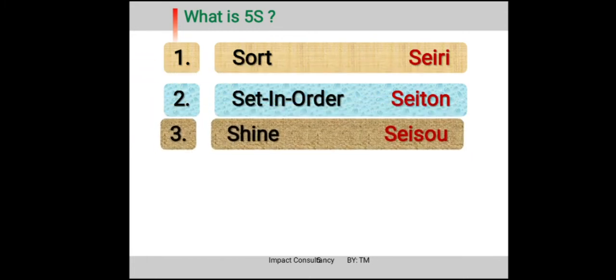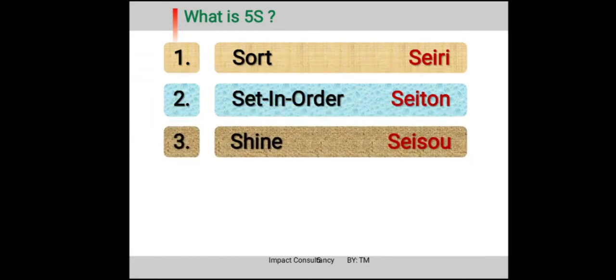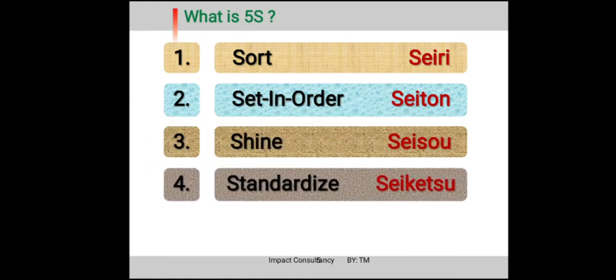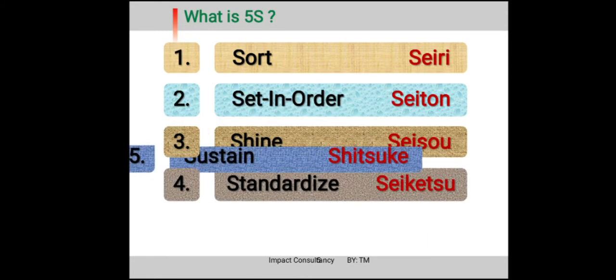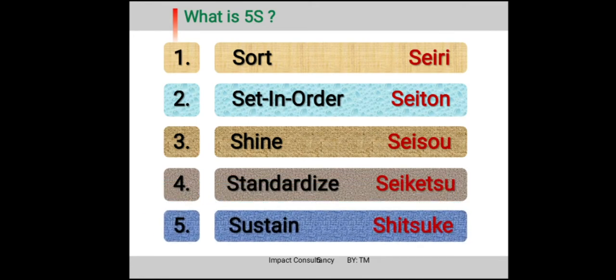The third is shine, seiso in Japanese. The fourth is standardize, seiketsu. And the fifth and last is sustain, shitsuke. So these are the so-called 5S, which in Japanese and in English all start with the letter S.